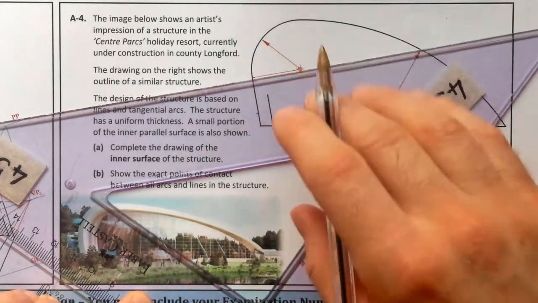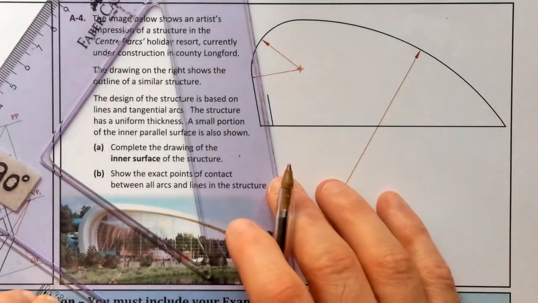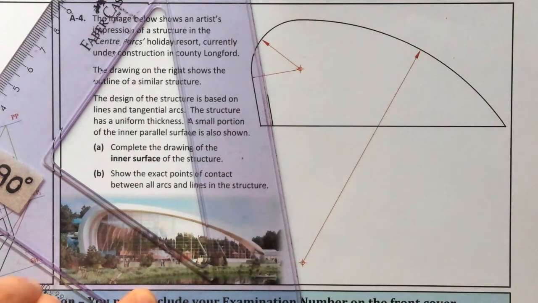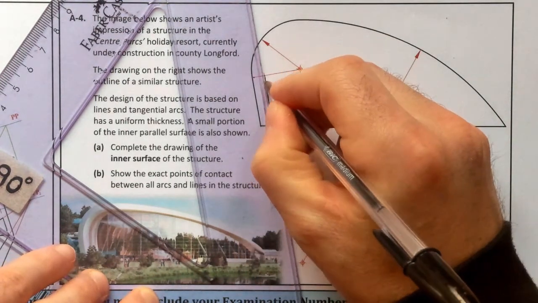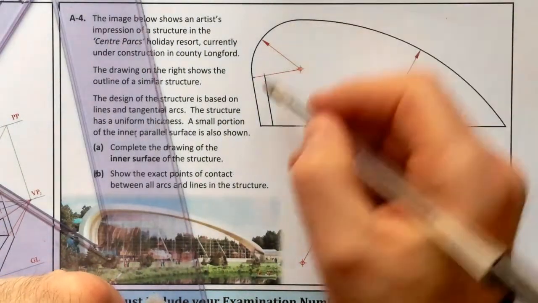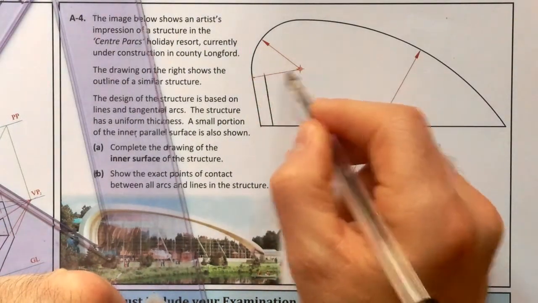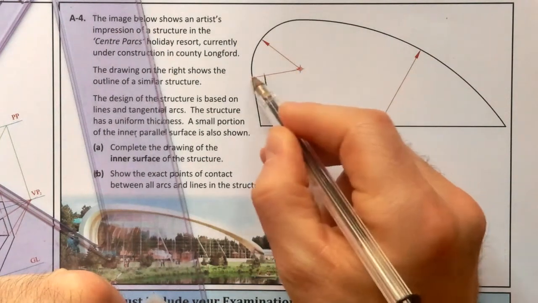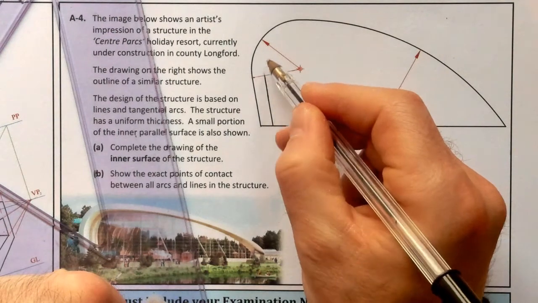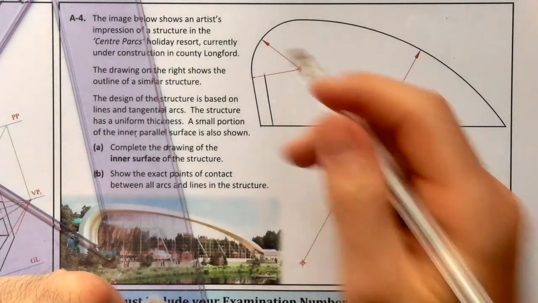I'm also going to extend this line here perpendicular as well, and extend that on. What's important to note is that, because I've got the perpendicular distance, I actually have the radius of the outside arc. But now I've also got the radius of the inside arc, which is really helpful.